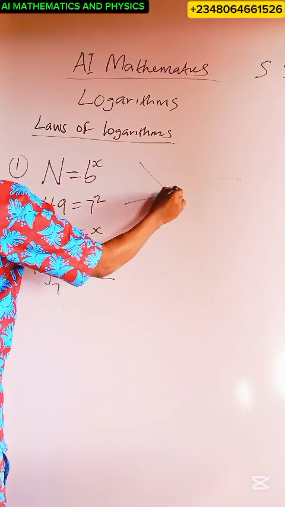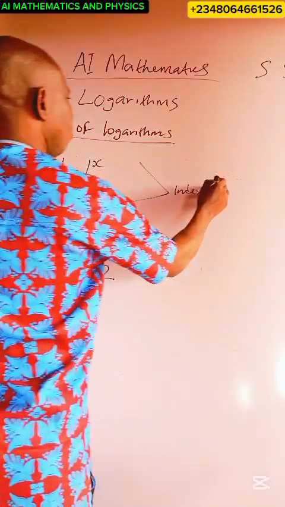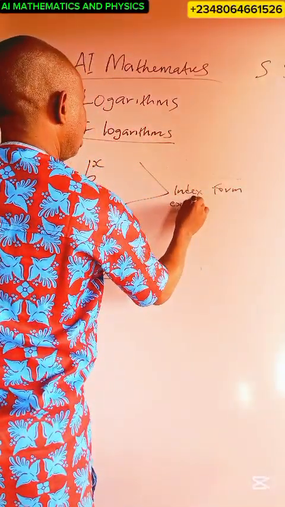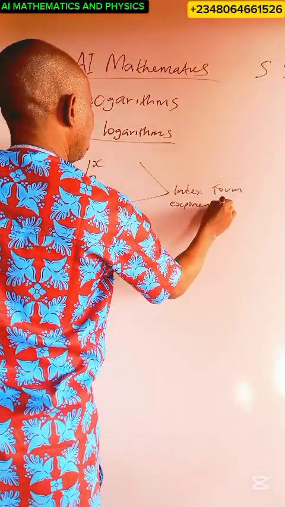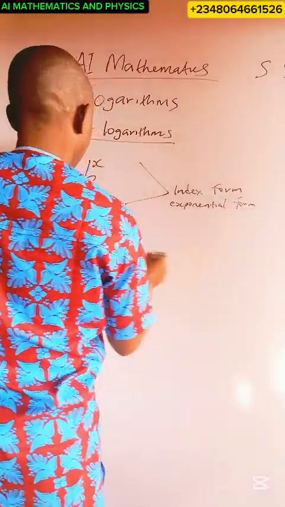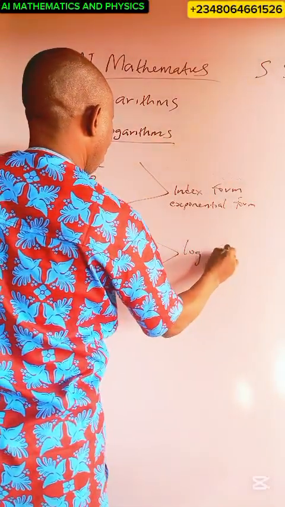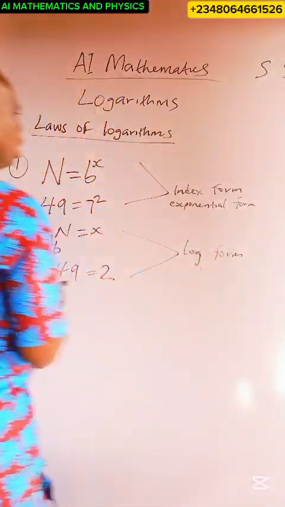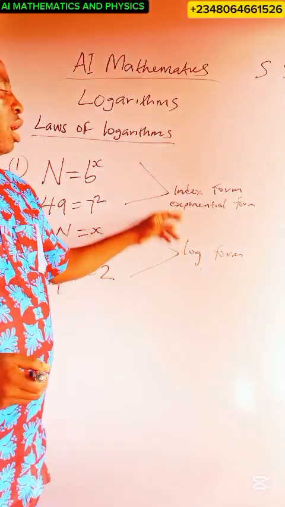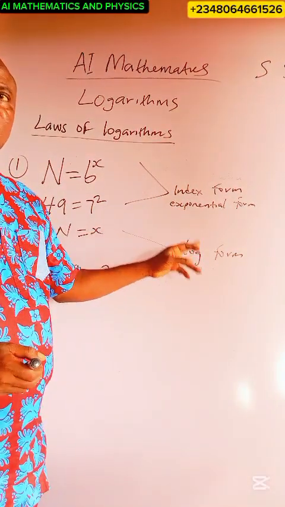These are index form, exponential form. These two are log form, which means you can convert index to log form, or exponent to log form, or log form to exponent form.